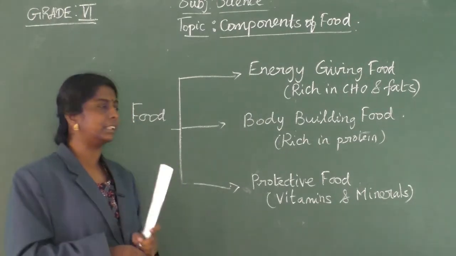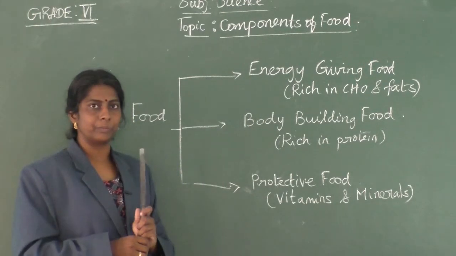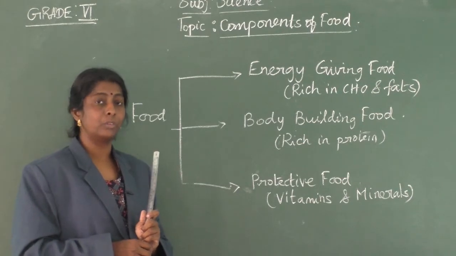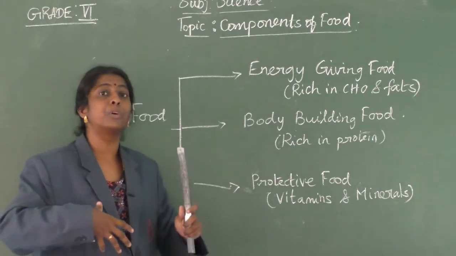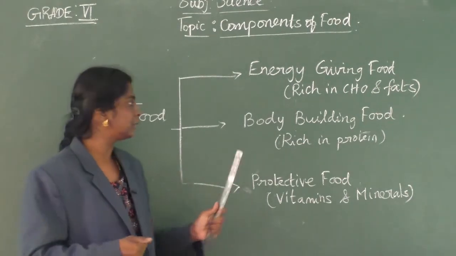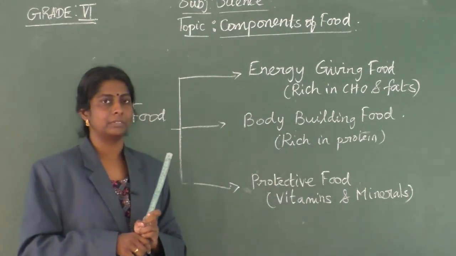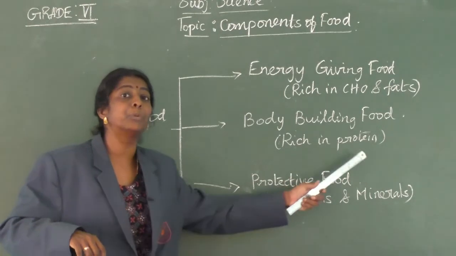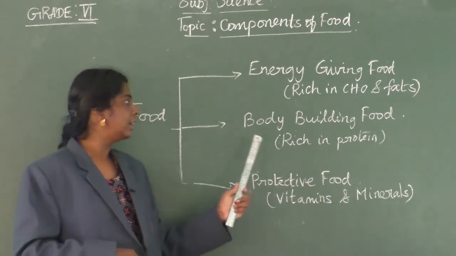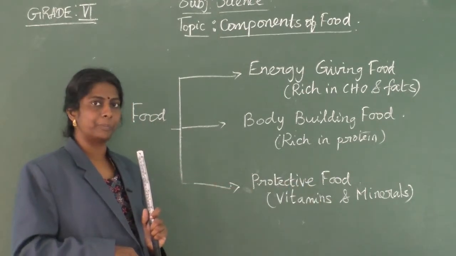Second classification, bodybuilding food. Bodybuilding food is mainly responsible for growth and development. Okay, so that food is rich in protein. So this is bodybuilding food.